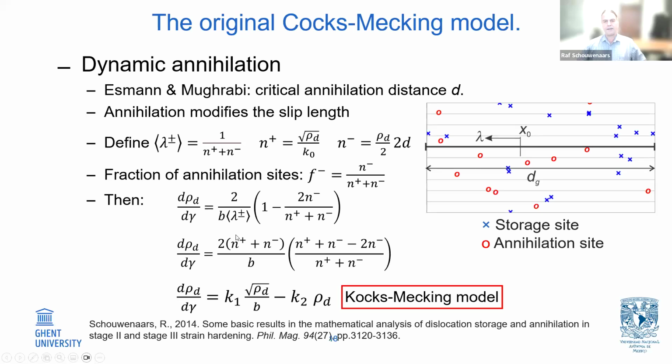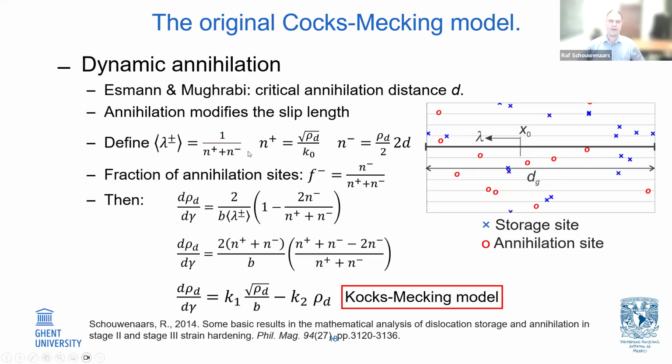Now, the annihilation term, annihilation distance, is somewhat more difficult because annihilation will modify the slip length. So we must define the slip length, I put it here plus minus, for storage or annihilation. And we will have along a unit length n plus storage sites and n minus annihilation sites.